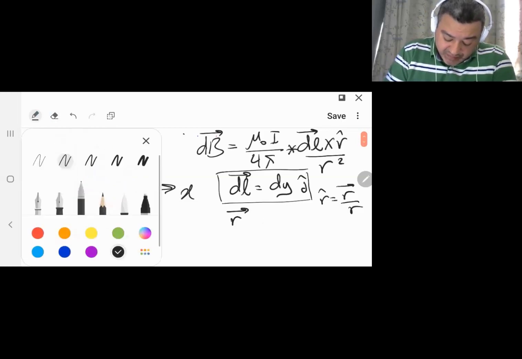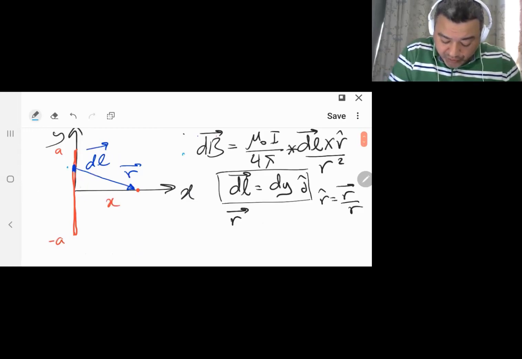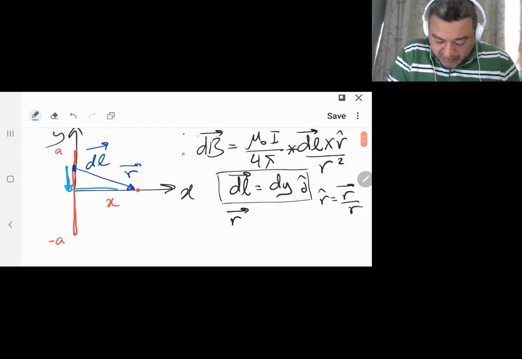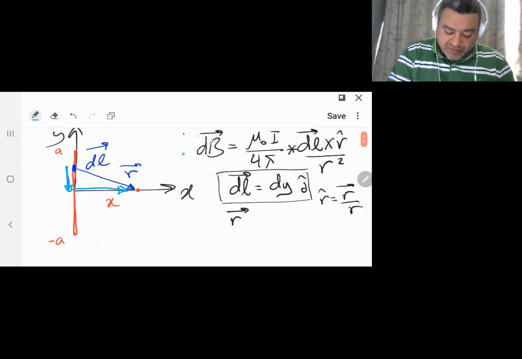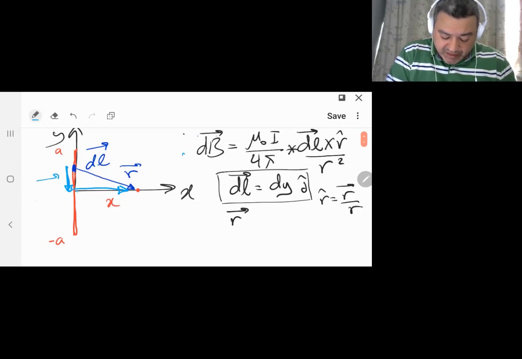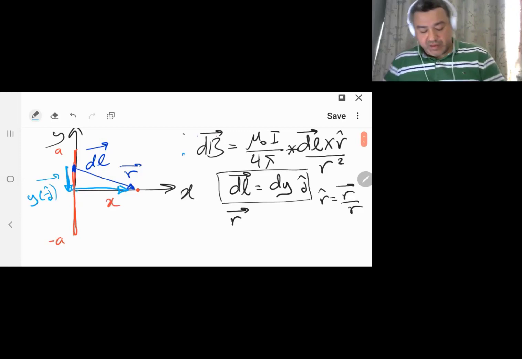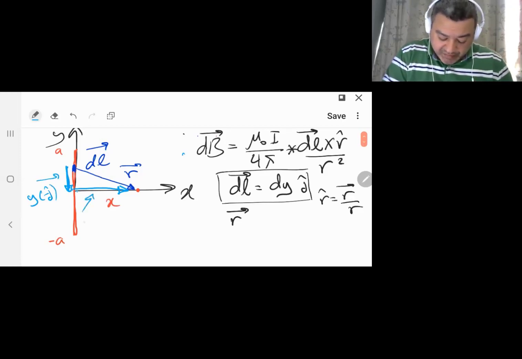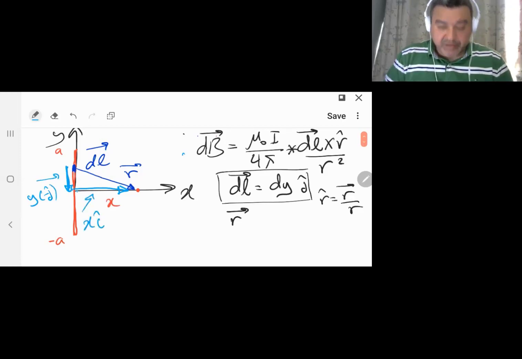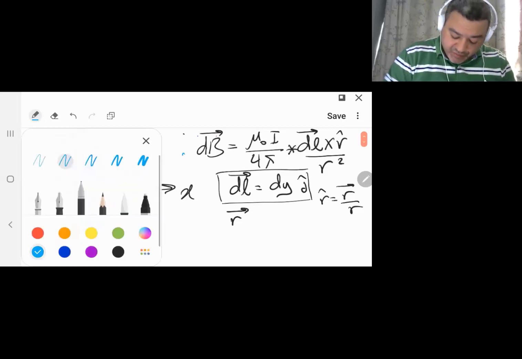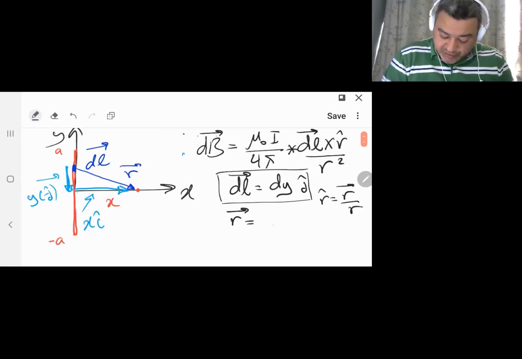This R vector, if I am to represent it, will be decomposed into two vectors. The first vector is this one, and the second vector is this one. This vector is y minus j, and this vector is xi. So r would be equal to xi minus yj.